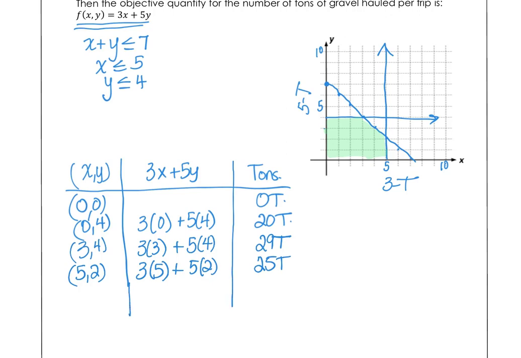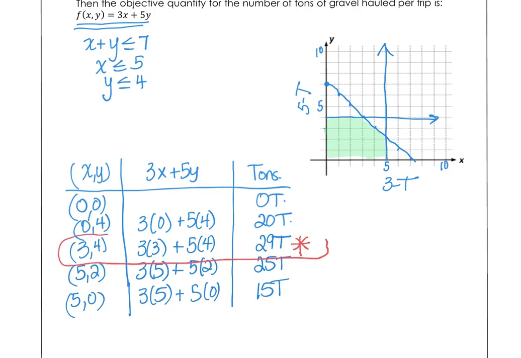And then the last one is 5 and 0, so 3 times 5 is 15, plus nothing, so 15 tons. And the maximum is 29 tons. They would haul 29 tons if 3 small trucks and 4 large trucks are out on the job.